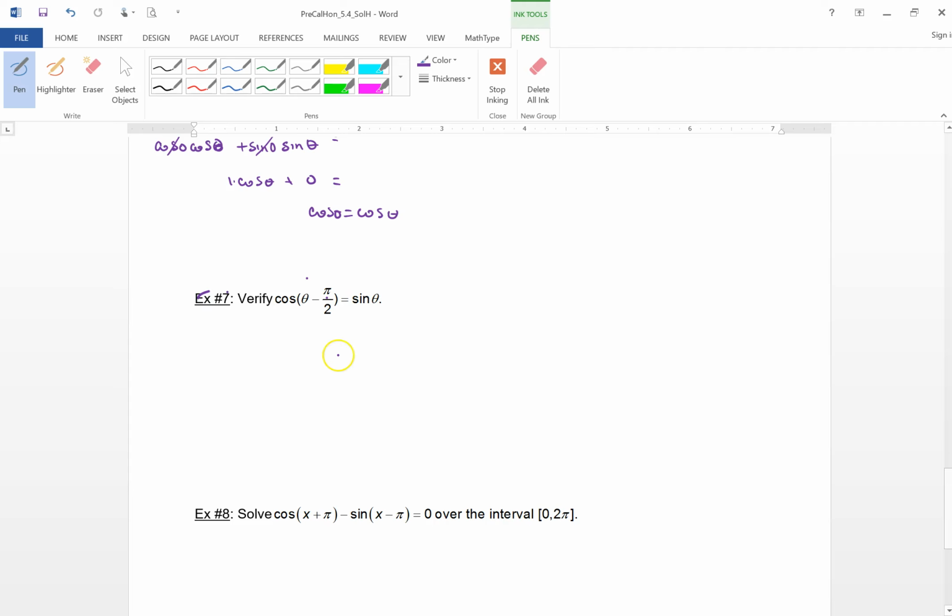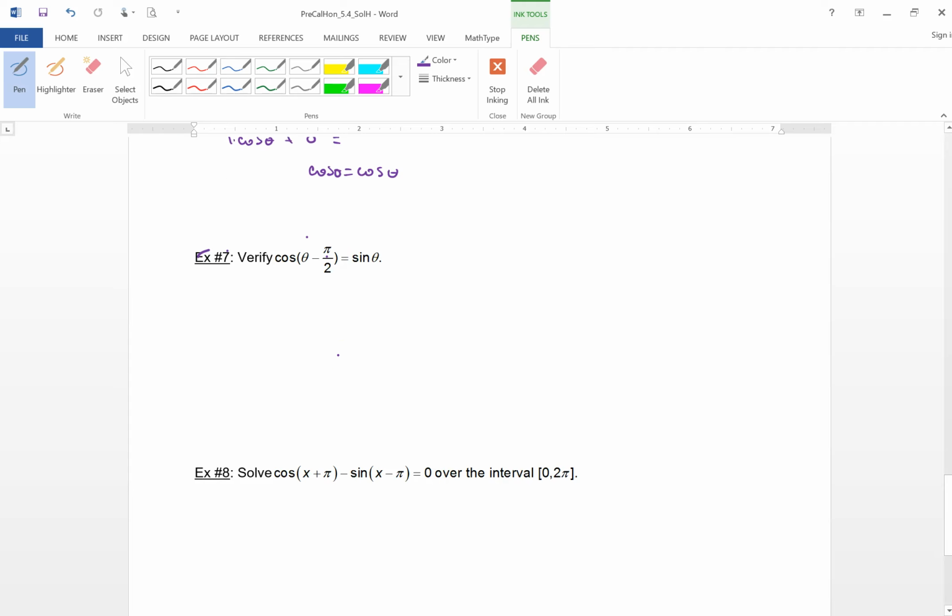All right, this is a similar one. We're going to do cosine, cosine, sine, sine. So, cosine theta, cosine pi over 2, minus sine theta, sine pi over 2. Okay. What's cosine pi over 2? 0.